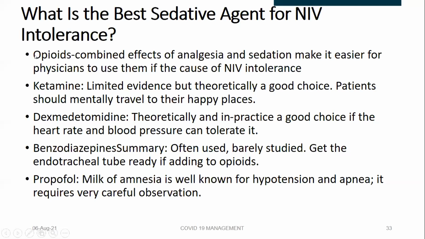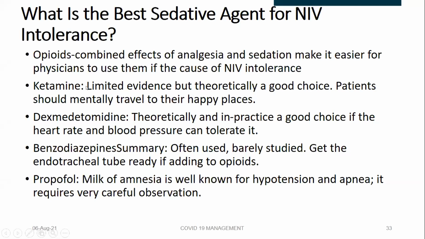We should remember that opioids can depress the respiratory drive, should be used with a lot of caution. We know this also has an analgesic effect. There are other opioids that can be used, the fentanyls and the remifentanils, so we should remember that it's not just morphine.